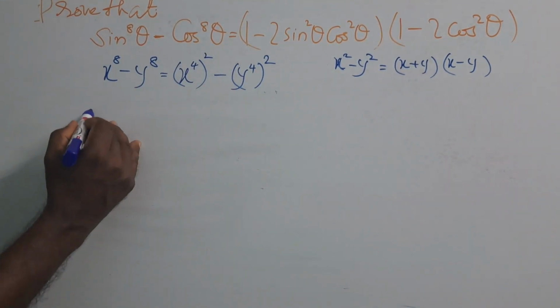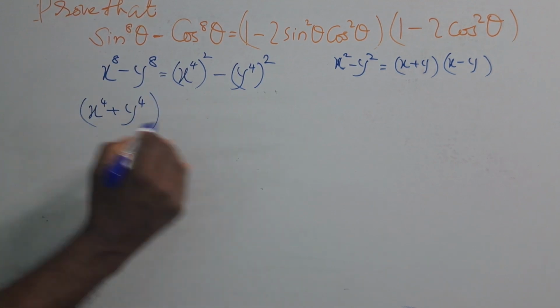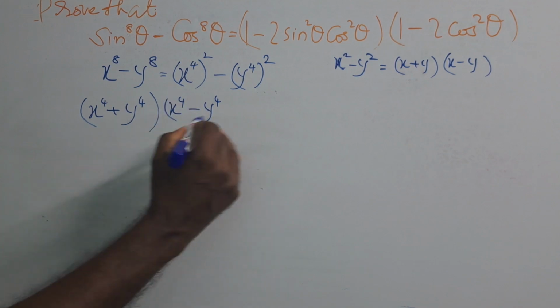When you factorize, you get x raised to 4 plus y raised to 4 into x raised to 4 minus y raised to 4.